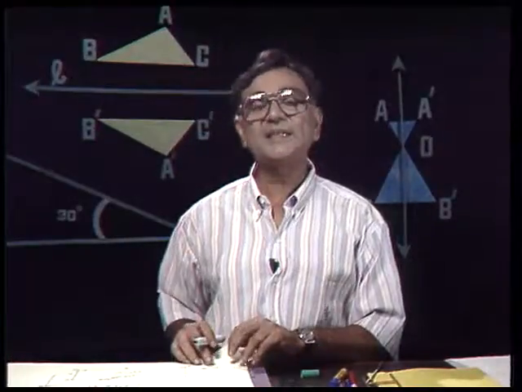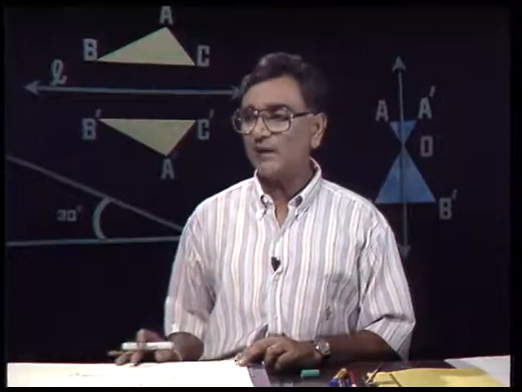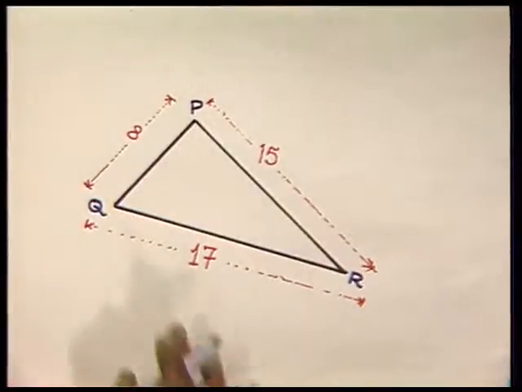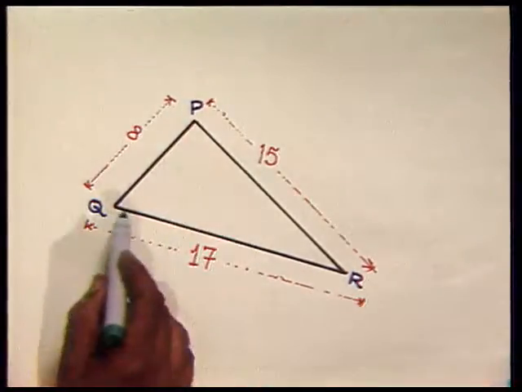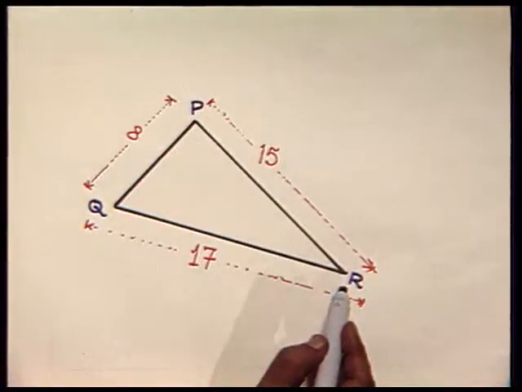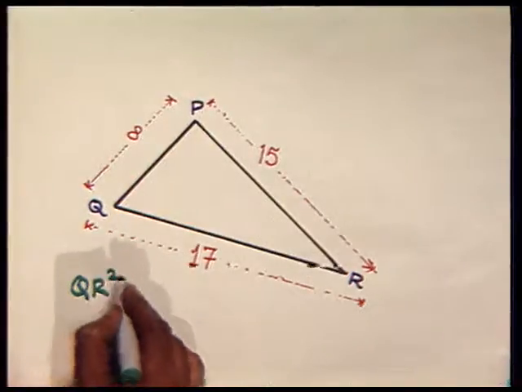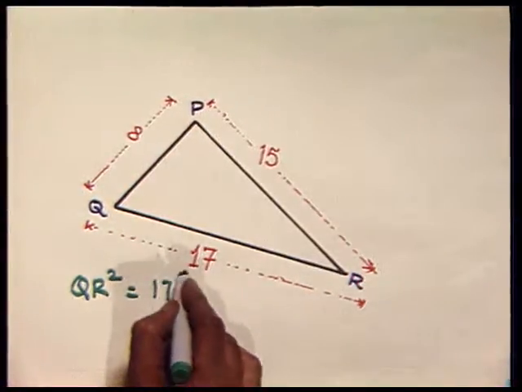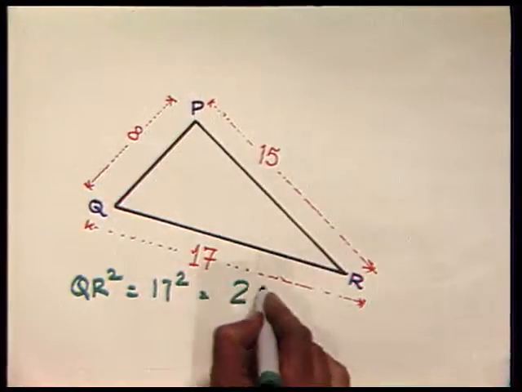Now, we saw this property of right triangles, that the square on the hypotenuse is equal to the sum of the squares on the other two sides. But if we have a triangle like this over here, PQR, with PQ 8 units, QR 17 units and PR 15 units. Let us see the square of QR, that is QR square will be equal to 17 square, and that is equal to 289.